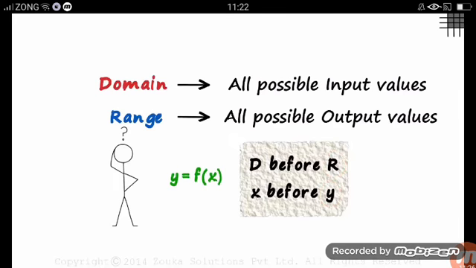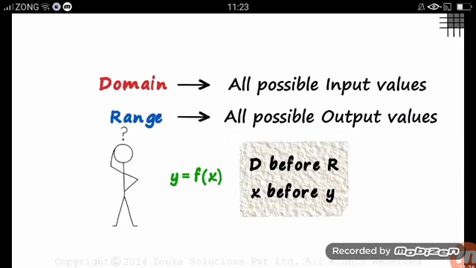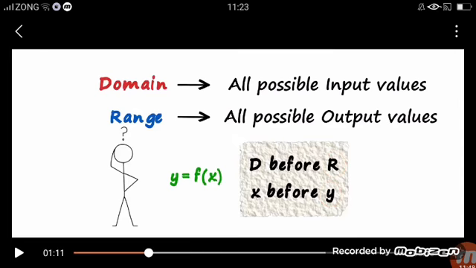Here we have to learn about the domain and range of the relation. Suppose we have here y is a function of x. As we know, in a relation we have ordered pairs, and in an ordered pair we have x and y. So x is always the independent variable. You can put any value of x, and then you get the value of y.